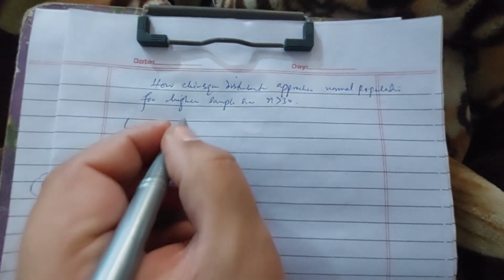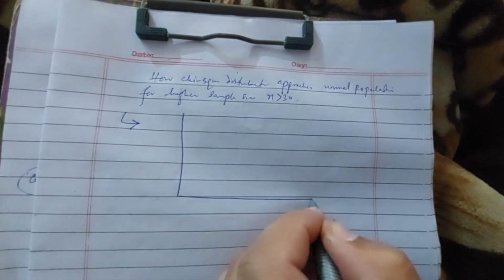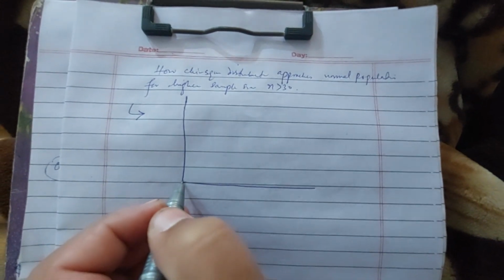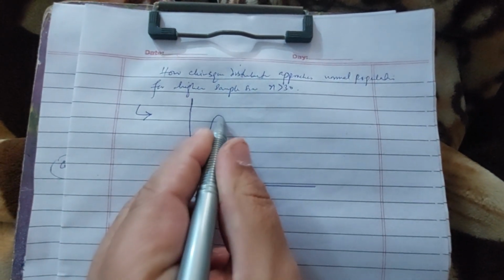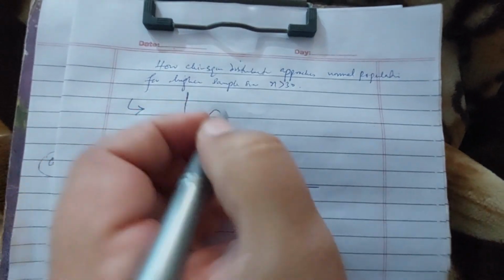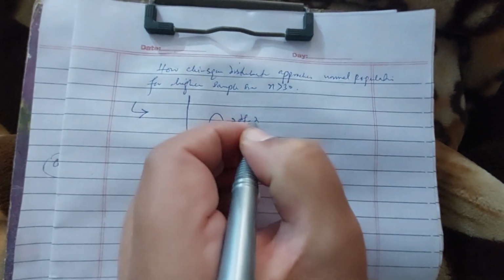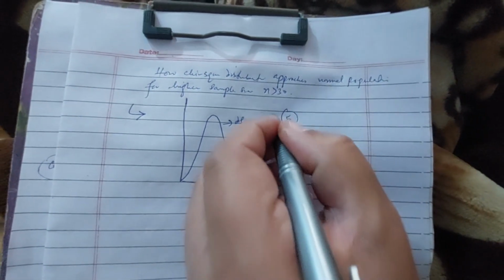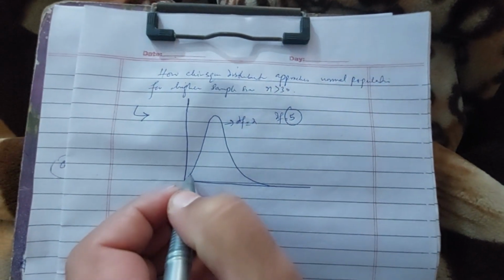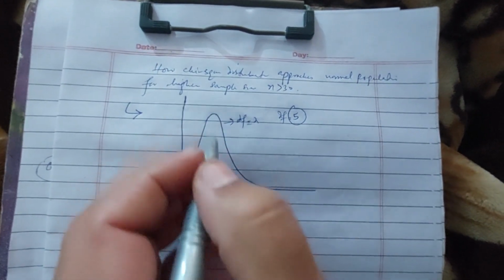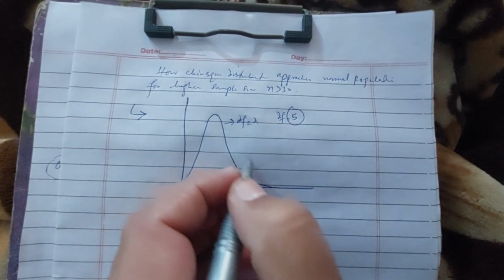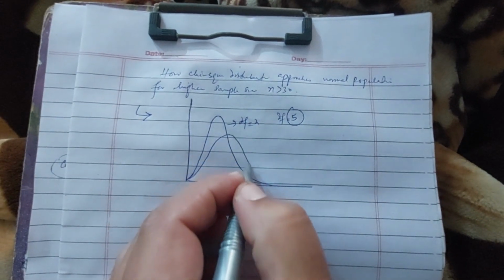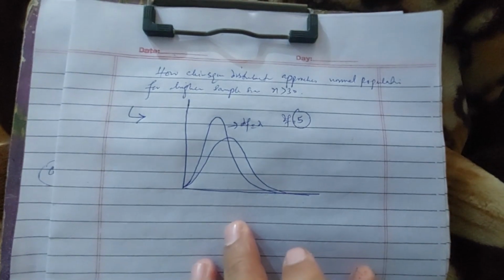Let me graph it. If we graph the chi-square distribution for the relative degrees of freedom, we get this shape when the degree of freedom is 2 or 3. And if the degree of freedom is, for example, 5, then this bump reduces and the tail elongates, so we get somewhat this kind of shape.